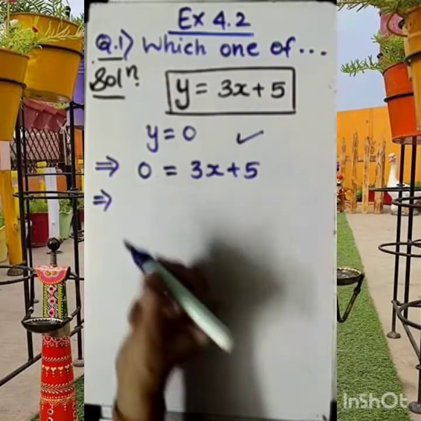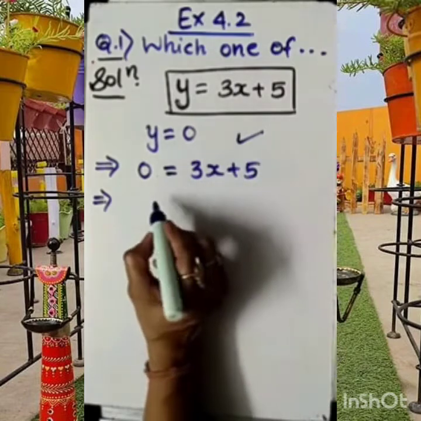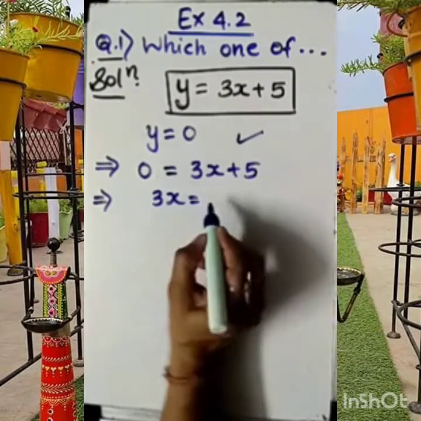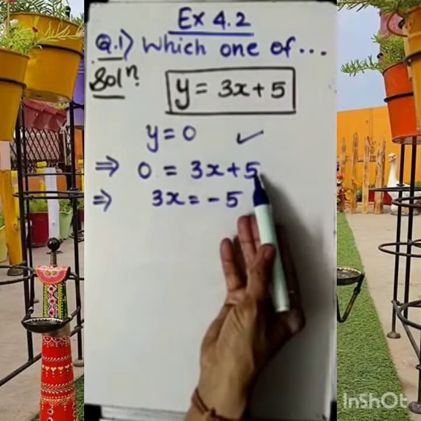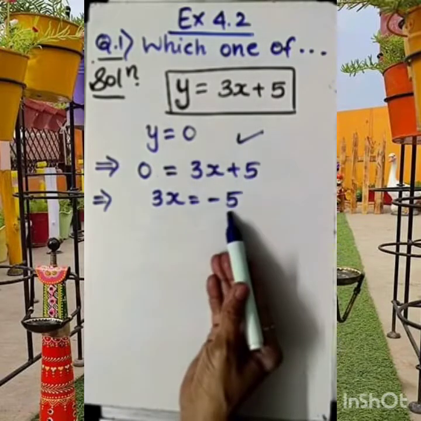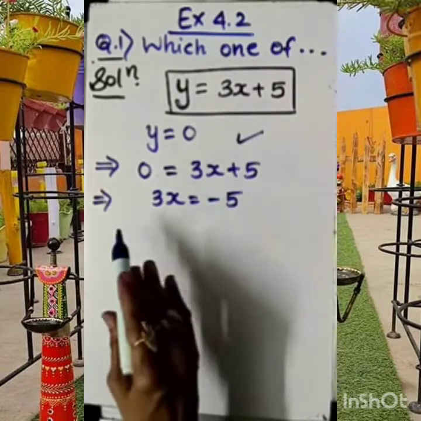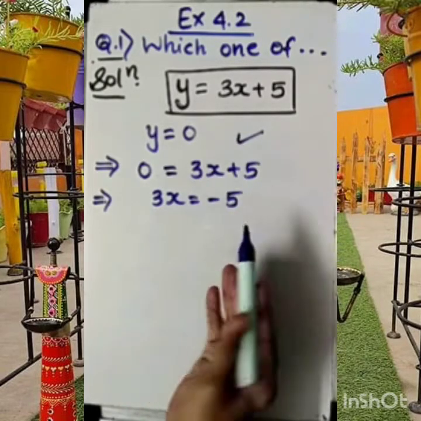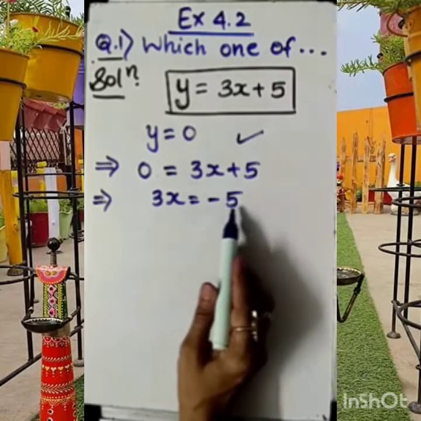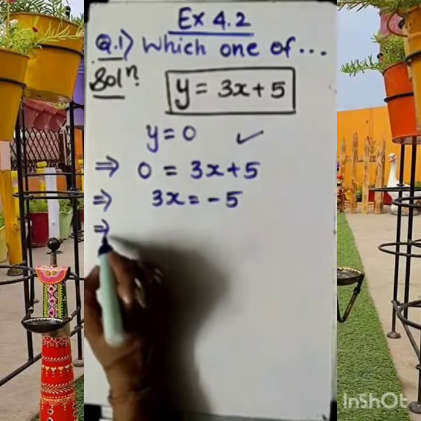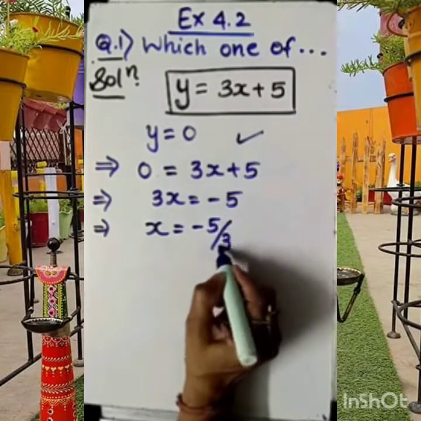As we have solved linear equations, this 5 I am bringing to the left side, so it becomes minus 5. Only the direction is changed, there isn't any problem. While transposing we need to change the sign. So 3x equal to minus 5, so dear student, the value of x will be minus 5 by 3.